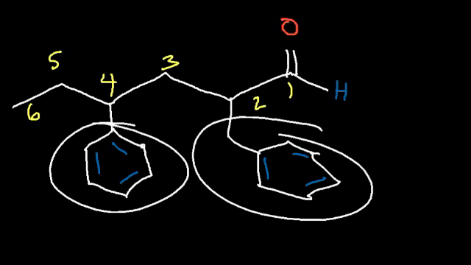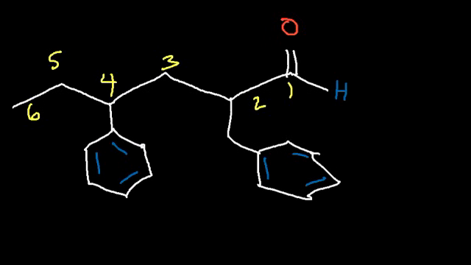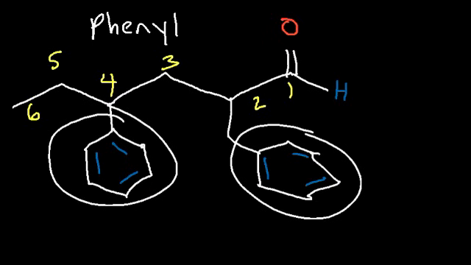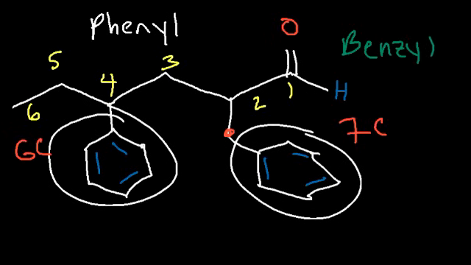What are they called? Well, on the left we have a 6-carbon ring, particularly a benzene ring, and as a substituent it's called phenyl. On the right, notice that we have a benzene ring plus this extra carbon, so we have 7 carbon atoms instead of 6. And because of that extra carbon, it's known as benzyl. So let's put it together.